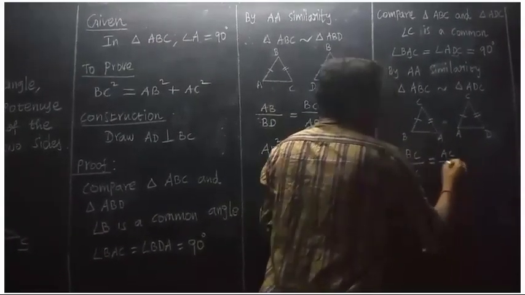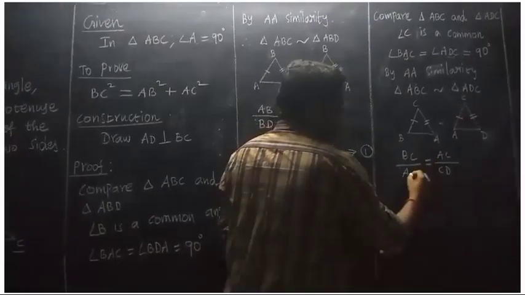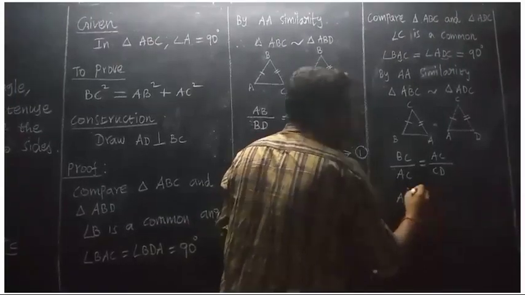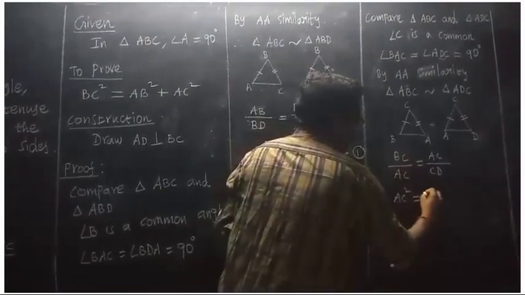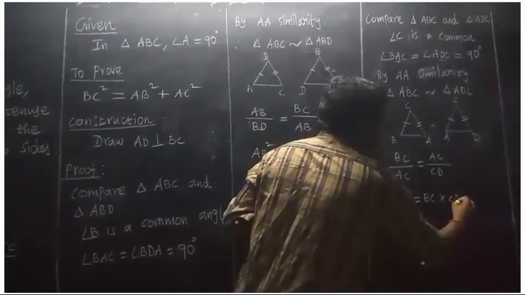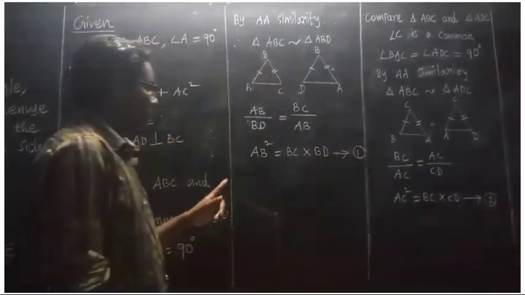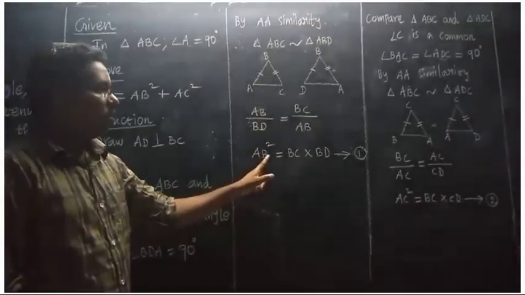Now cross multiplying, AC into AC, AC square equals BC into CD. That is equation number 2. Can you understand? AC square equals BC into CD.